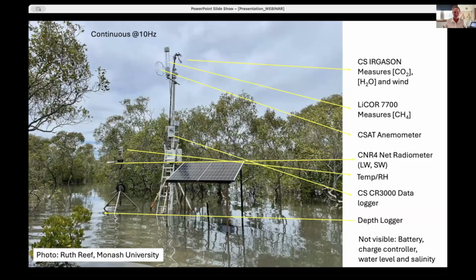How tall you need to go depends on the height of the vegetation, and it can be quite restricting in these environments. Here you see a ladder of maybe 3 meters height. So this is a pretty tall system, and they're pretty tall mangroves, but not as tall as, for example, in the Daintree. So a thing to consider when you put out a tower is how tall the forest is.